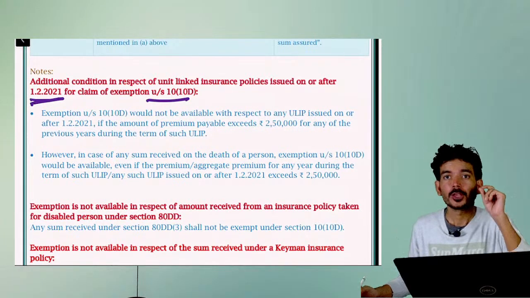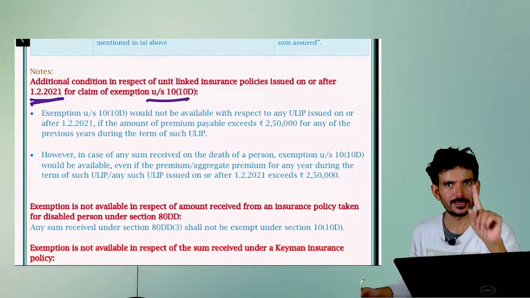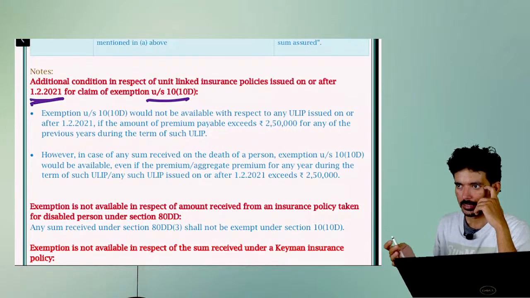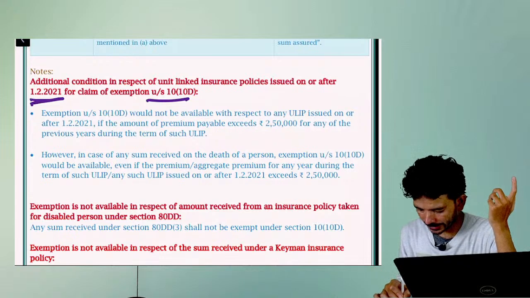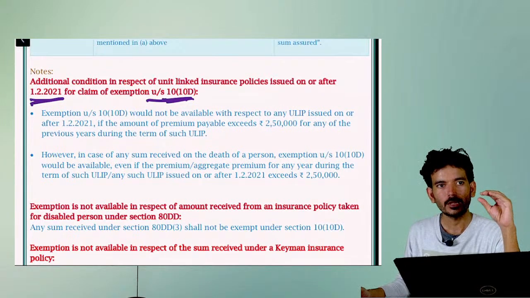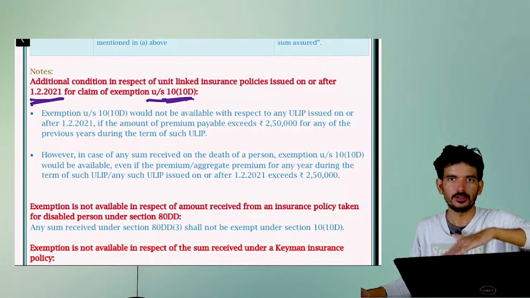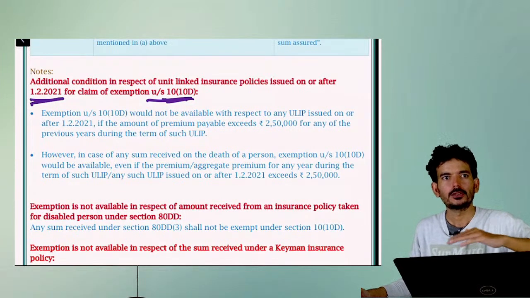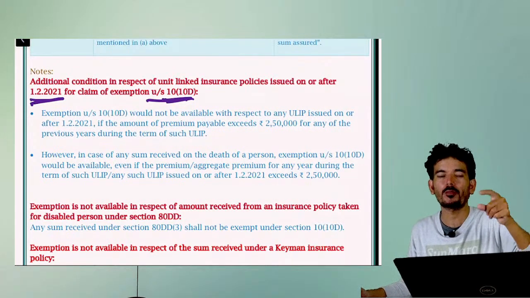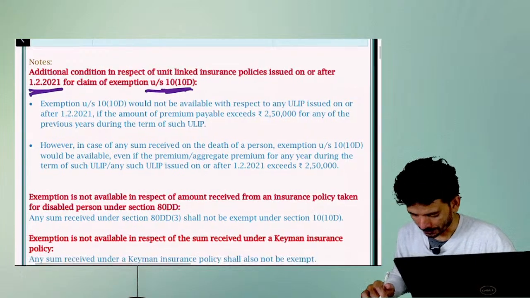They are saying if your ULIP premium is more than 2.5 lakh for a single policy, or if you are taking multiple, all put together more than 2.5 lakh, then it is not eligible for 10(10D). Whenever you surrender it, or on completion of the policy when they pay it, the redemption or payback, if the premium amount is exceeding 2.5 lakh, it is not eligible to be exempted.